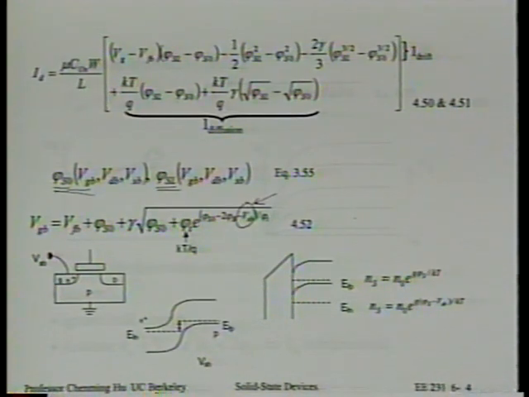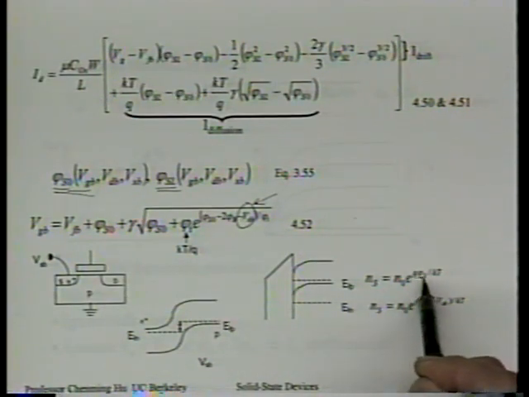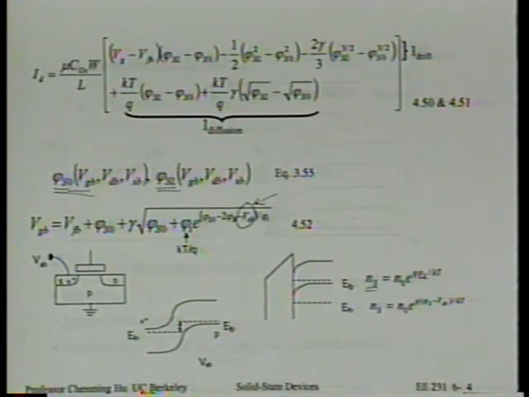So when there's a junction nearby and it is reverse biased, we now have a problem. The problem is, how do we relate phi s and ns? Let me first remind you of our usual no-brainer relationship: the electron concentration is equal to n0 times exponential of q phi s over kT.